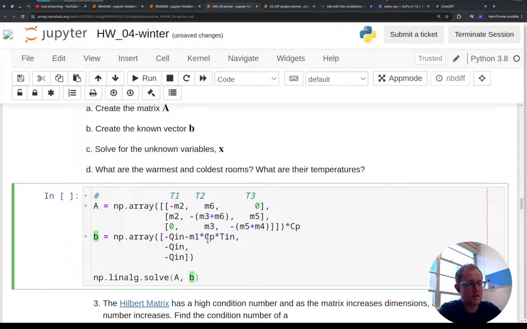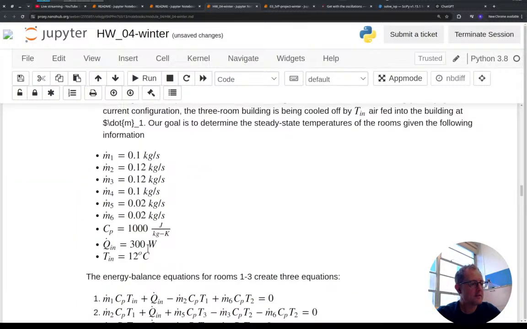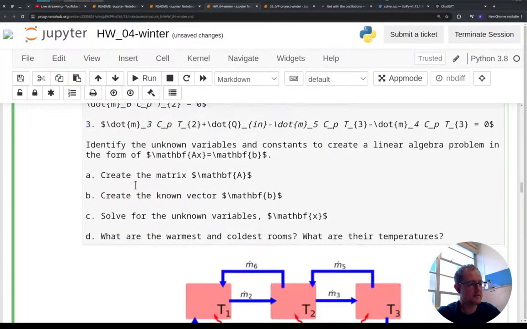A and B, and you know what would help, if we actually defined these variables. I'm going to grab this stuff and just reformat it.